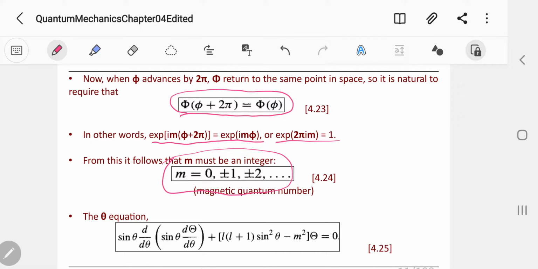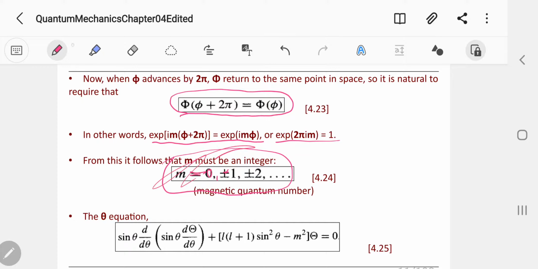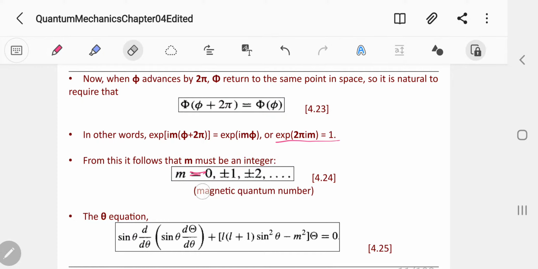So m runs over integers: 0, plus or minus 1, plus or minus 2, and so on. And this is called, by the way, the magnetic quantum number.